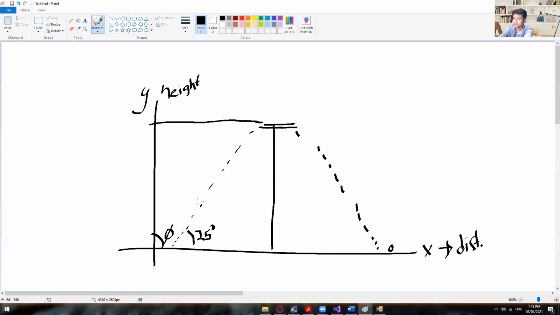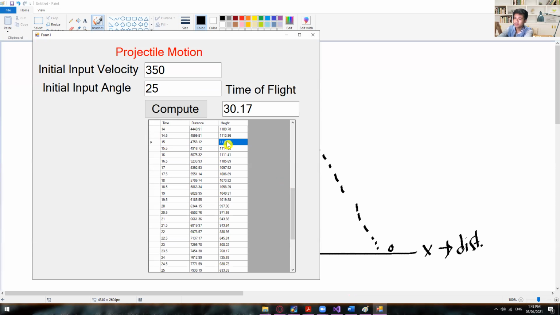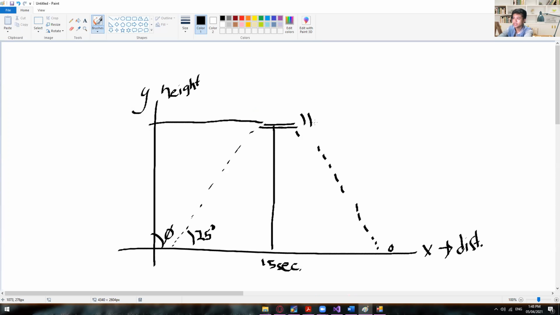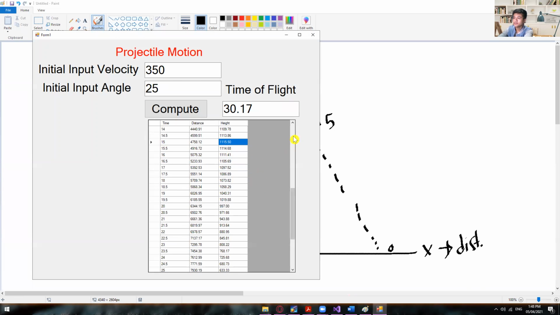So if you're going to draw that, at exactly 15 seconds by height, let's say this is 15 seconds, it reached the peak value of 1,115 in height. And then of course it will fall.